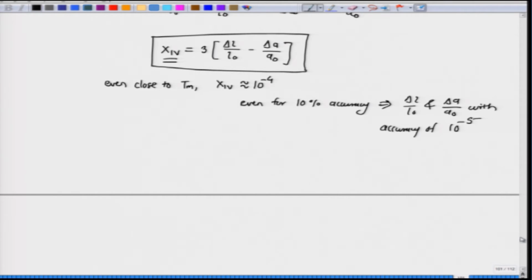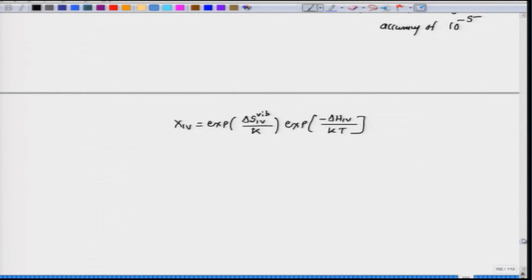Now, one advantage of this method is that it gives the absolute concentration of vacancies x1v, and since x1v is equal to exponential of delta S1v vibrational by k times exponential of minus delta H1v by kT, if we do the measurements at different temperatures, it also helps in evaluating delta H1v as well as delta S1v.